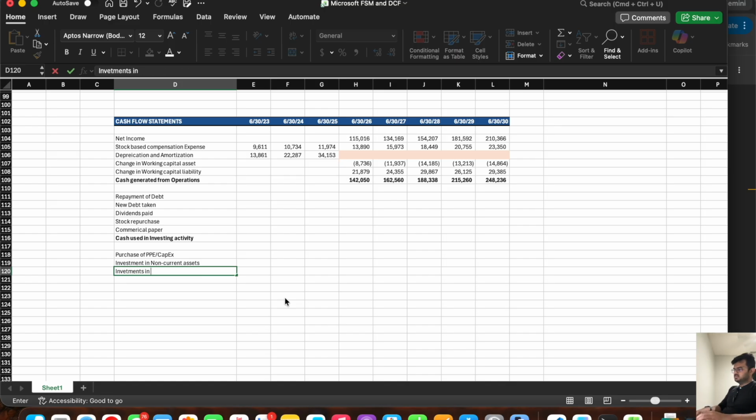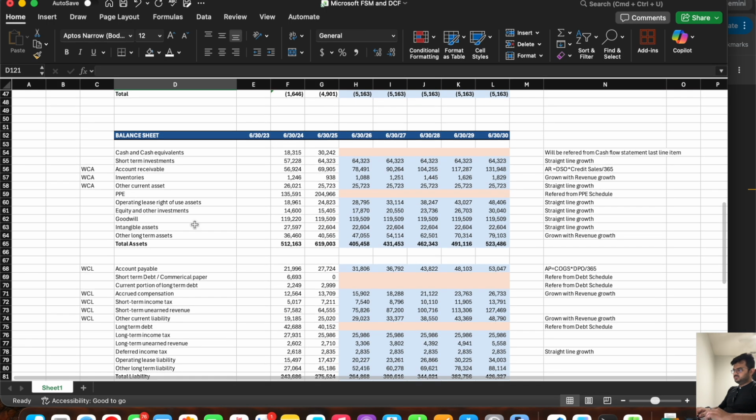Well, I wouldn't say investment, I would rather call it change in non-current asset and change in non-current liability.